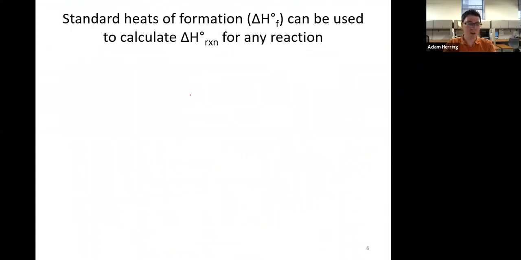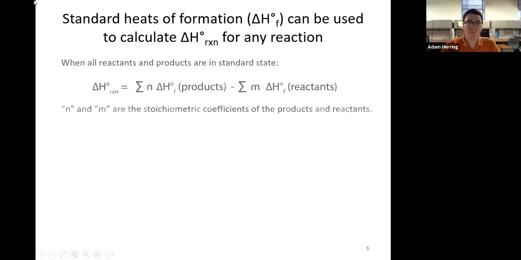So now let's take a look at how we can use the standard heats of formation in order to calculate the enthalpy of reaction for any given chemical reaction. What we do is we take the enthalpies of formation for our products and our reactants, and we take the difference between them. We can use this only when our reactants and products are in their standard states.